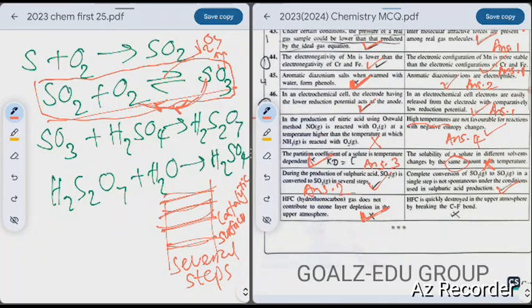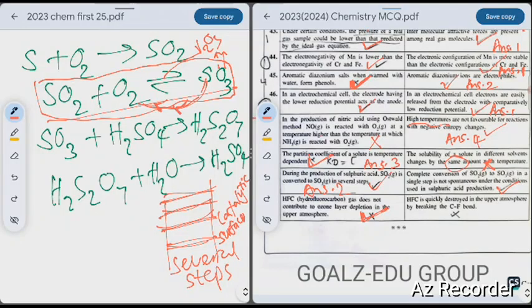So what is the importance of these chlorine radicals? If chlorine radicals form, they start chain reactions in which the ozone will be depleted. So if chlorine radicals are formed, they contribute to ozone layer depletion, but HFC does not form chlorine radicals, therefore it does not contribute.